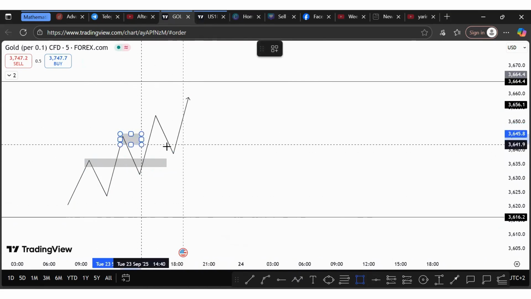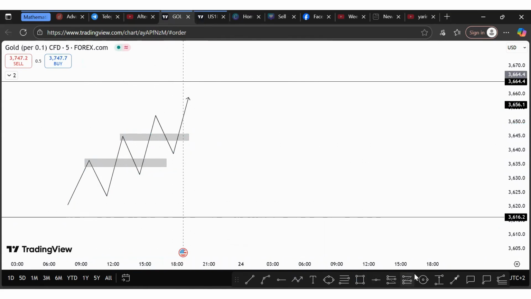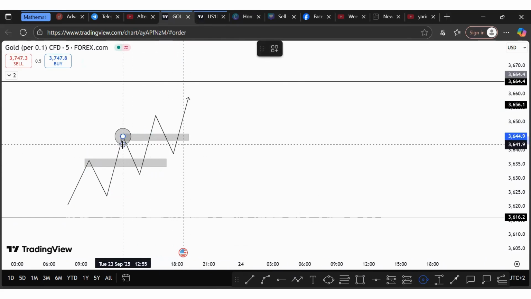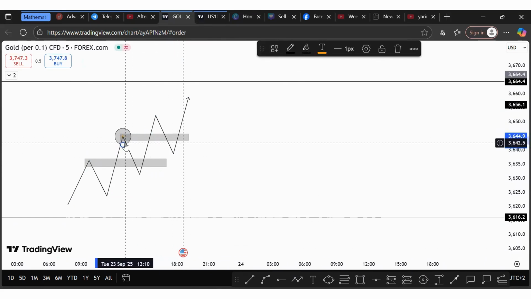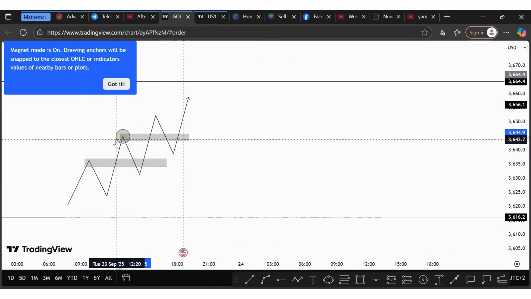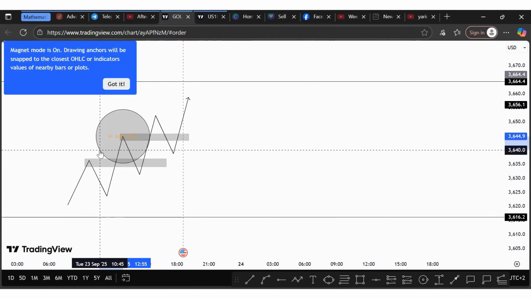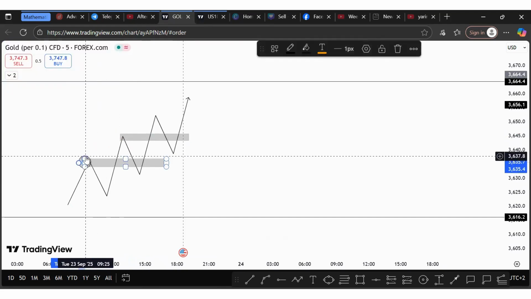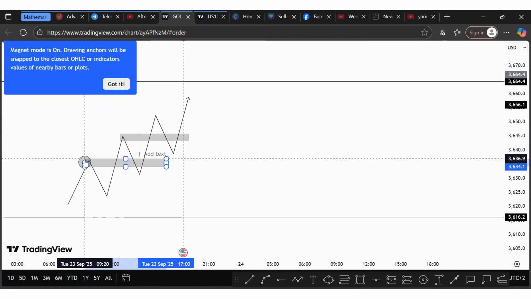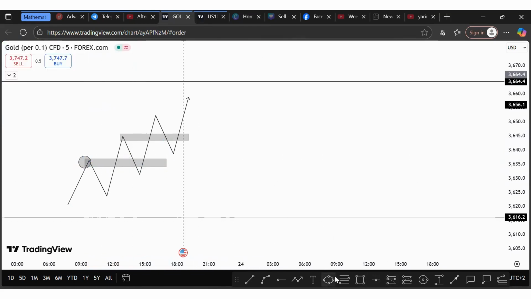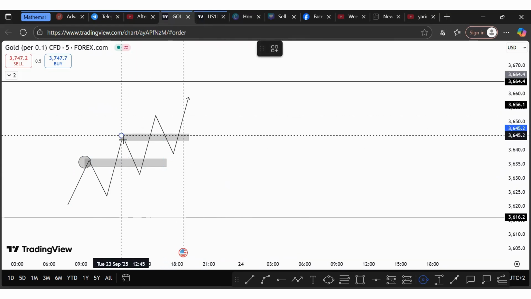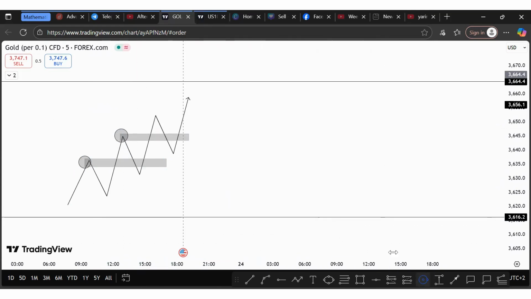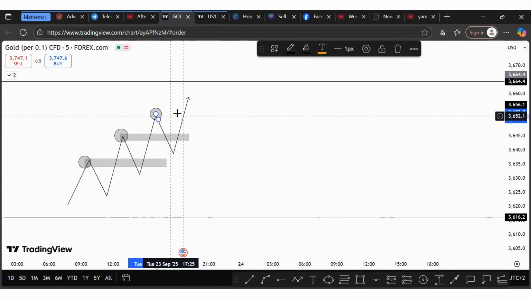You want to see it breaking those highs, giving you those indications, and continuing to break the highs. That's what you want to see, it breaking the highs as it goes up.